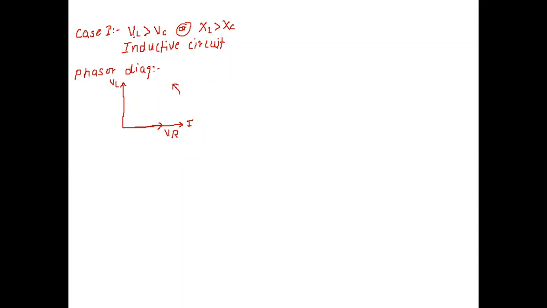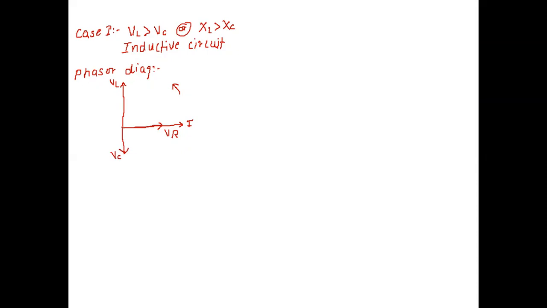And as we consider that VL is greater, draw the VL phasor with a longer length. Now we want to draw VC in a downward direction, but the length of the VC phasor is less than the length of VL, because we consider the case where VL is greater than VC.